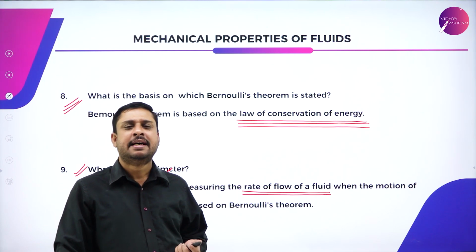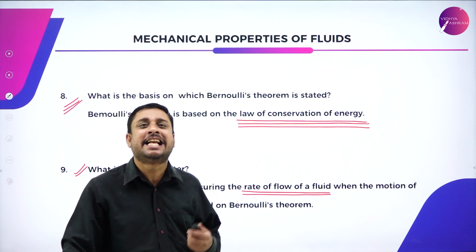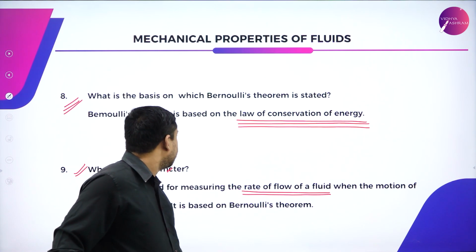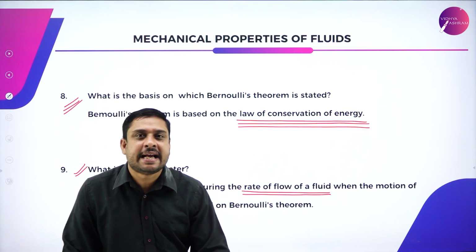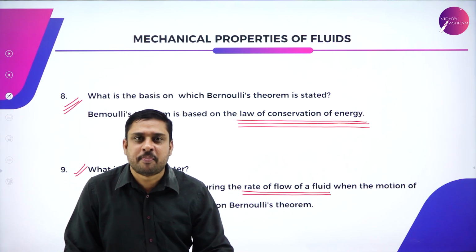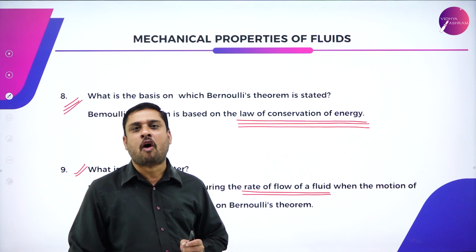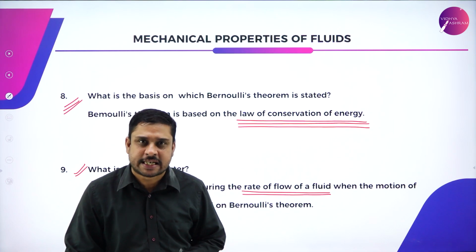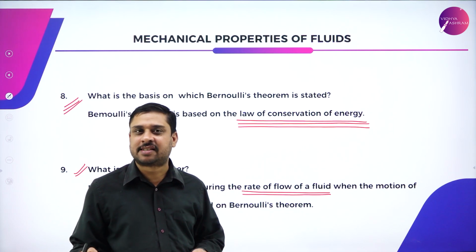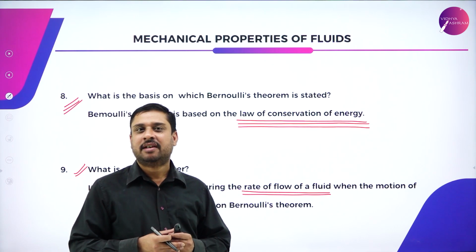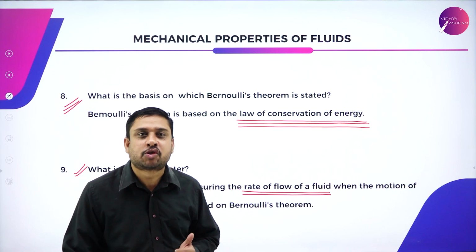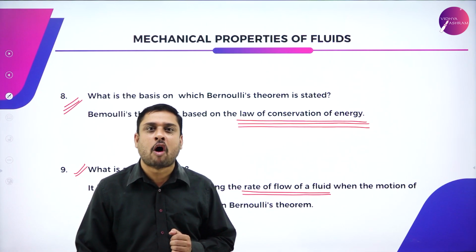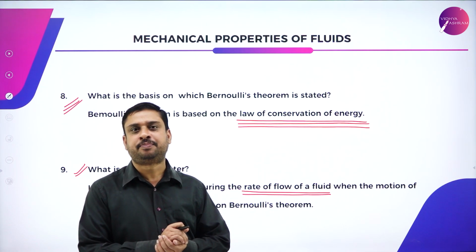Bernoulli's theorem is applied for steady flow. So venturimeter is a device used to measure the rate of flow of fluids. Atomizers, sprayers, they all work on the principle of Bernoulli's theorem.